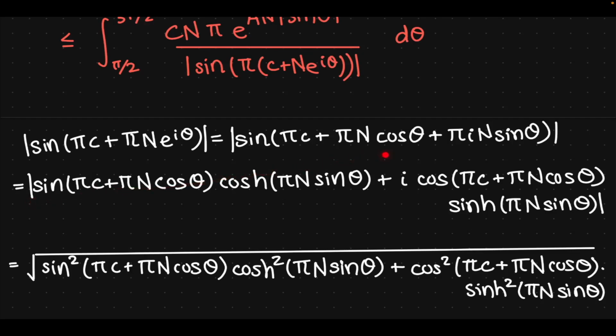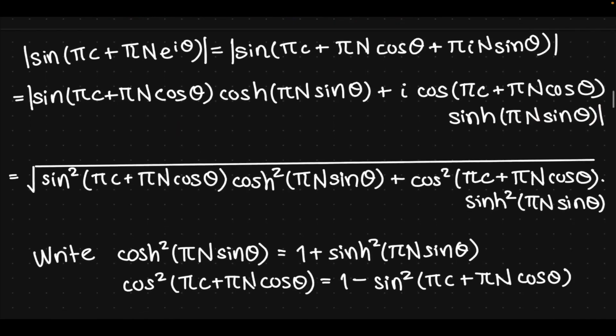And wherever I have this imaginary angle coming in, I'm going to replace that by either a cosh or a sinh. So the absolute value is sine of pi c plus pi N cosine theta times cosh pi N sine theta plus i times cosine of pi c plus pi N cosine theta times sinh pi N sine theta, closing the absolute value off as well.